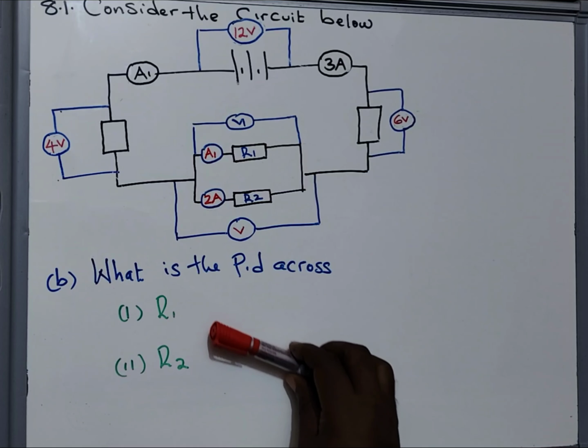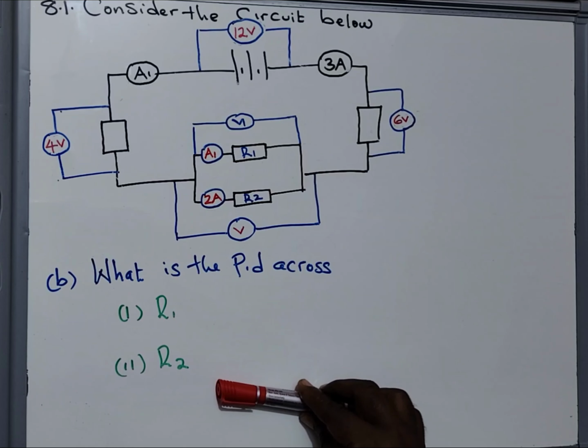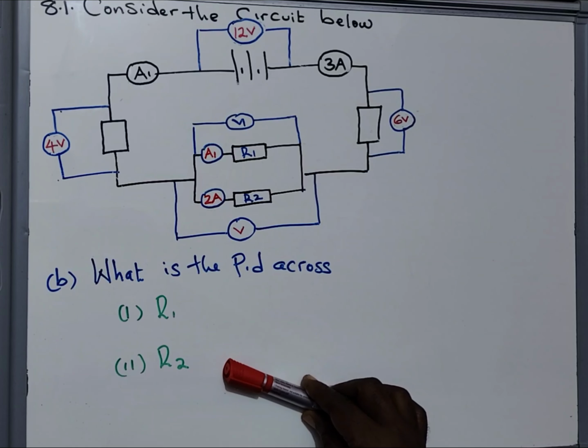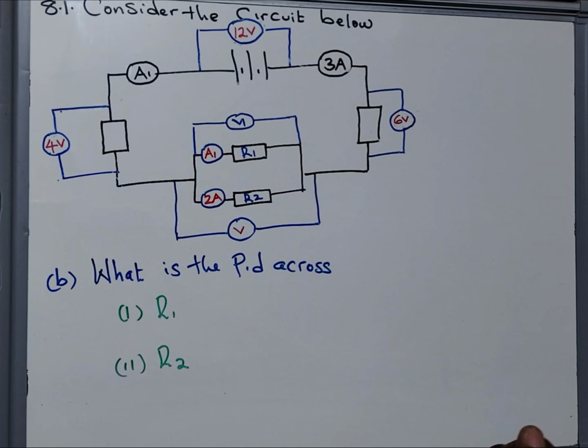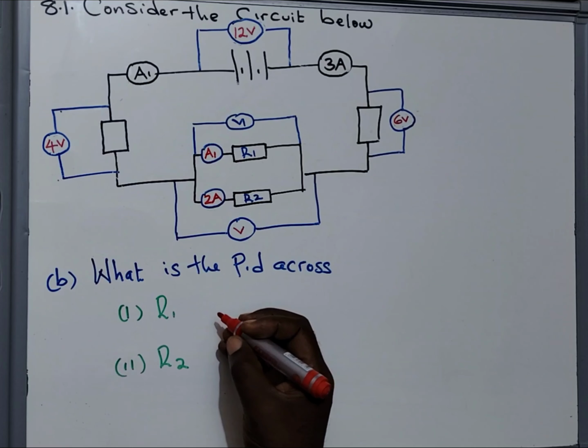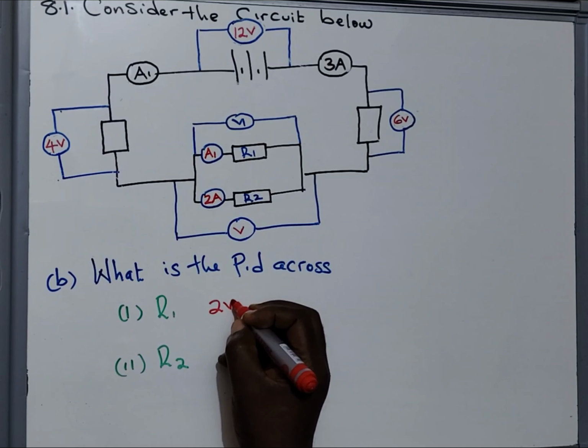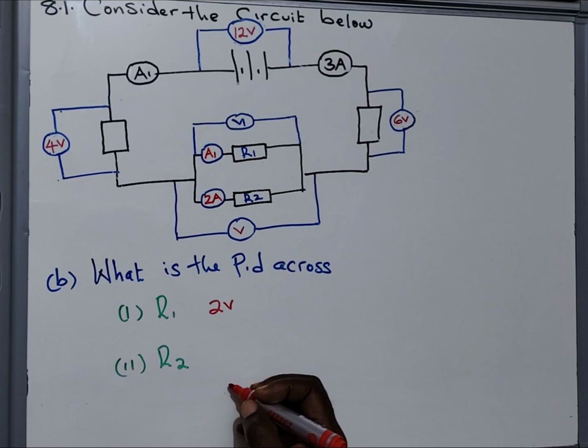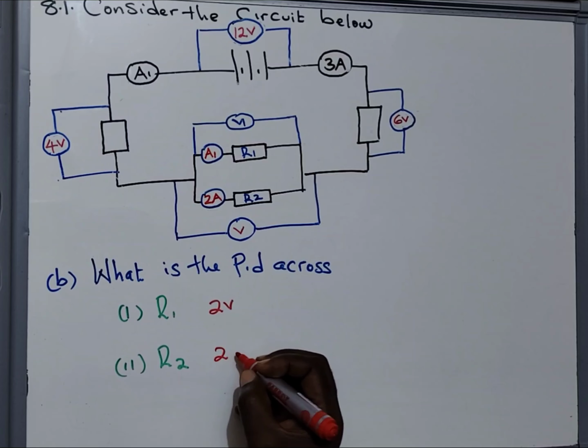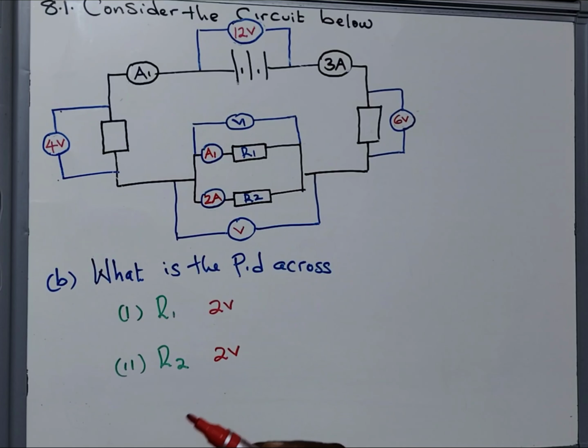Now, to answer this question, you need to know that parallel components have the same voltage, or the same PD. So the PD across R1 is 2 volts. And it's the same PD across R2. Why? They are in parallel.